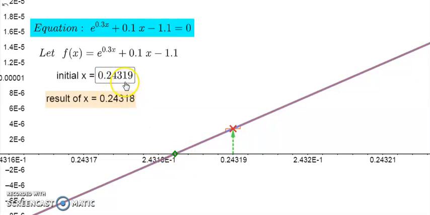When we round to 4 decimal places, they are equal to each other, and we get 0.2432. So at this moment, we can come to the conclusion that 0.2432 should be the approximate solution for the equation.